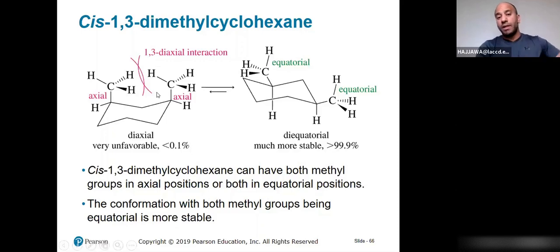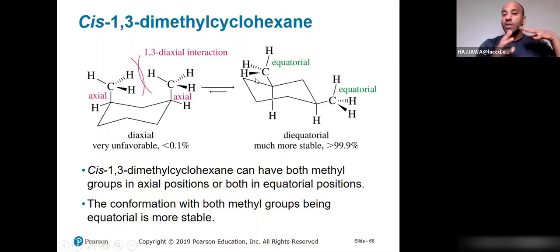That's why the diaxial interaction between the 2 methyls makes this conformation so unfavorable, and having the two methyls in equatorial positions would have that conformation exist more than 99.9% of the time. So if an exam question asks me to draw the most stable conformation of a cis-1,3-dimethyl, I have the choice of drawing both of them equatorial up or both of them equatorial down.